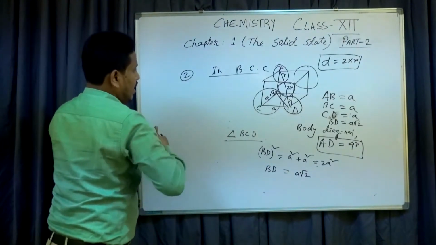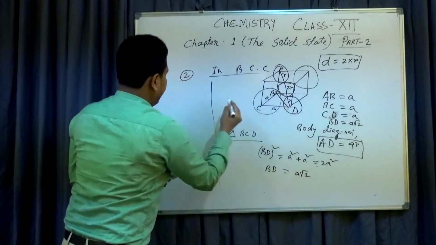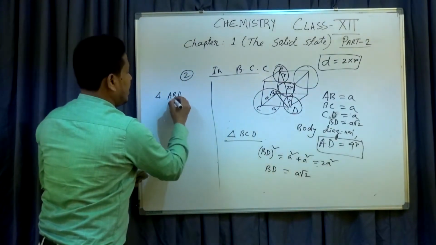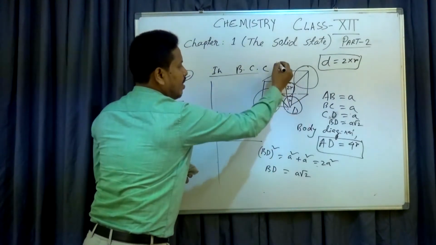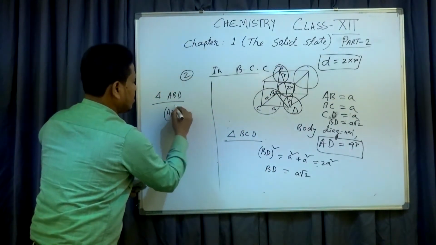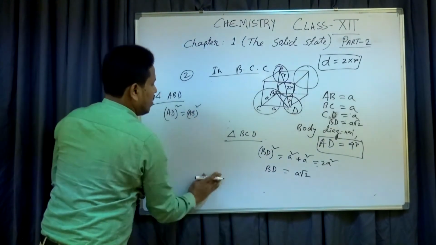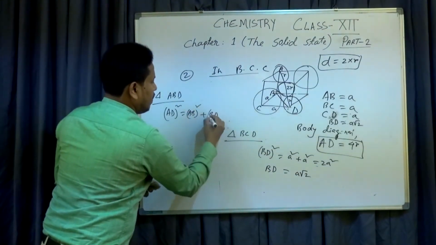Now note down very carefully. Another triangle, right triangle ABD. In right triangle ABD, hypotenuse is AD. Pythagoras theorem: AD square equal to AB square plus BD square.